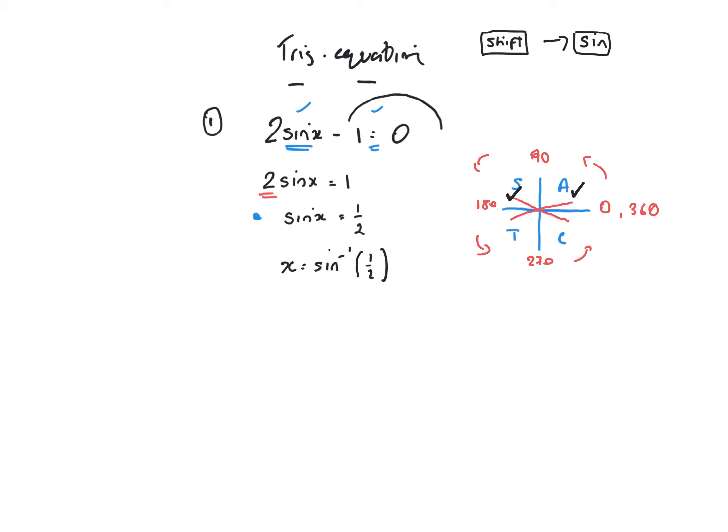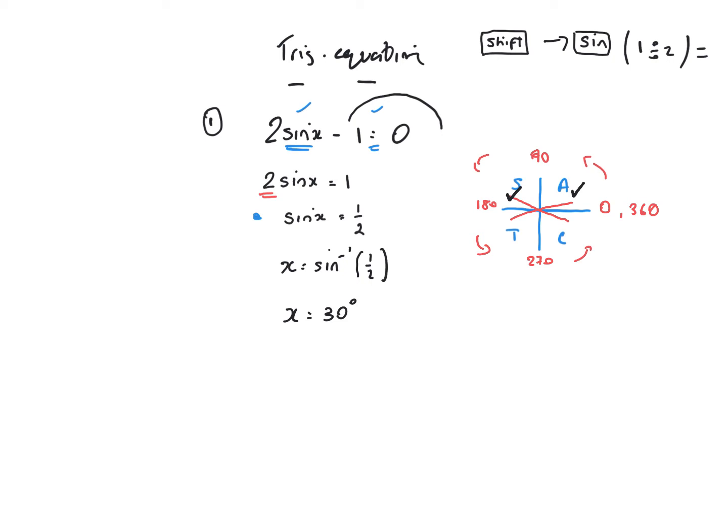If it doesn't open up a bracket, put in 1 divided by 2 and then close that bracket and then hit equals, and you should get an answer of 30 degrees. Now, if your calculator is struggling to give you that just now, it means it will just need to be input in a slightly different way, which we could do in class, but try and get it just now. If you can, we'll sort it out in class, but meanwhile we'll take down the rest of the working.